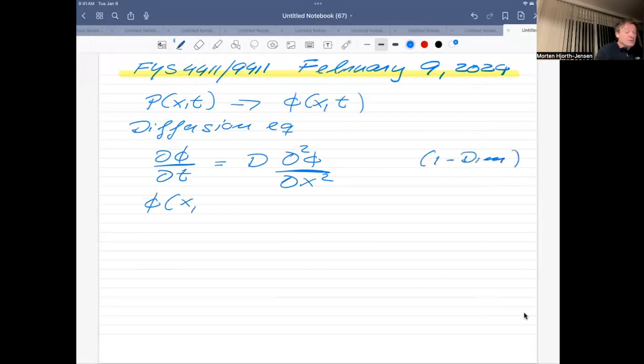And then we can easily extend this to more than one dimension. So x, and then we have t equal to 0. And we're assuming that this is given by some initial function, which I'm simply going to call f of x. Now you can think of this as your initial distribution.